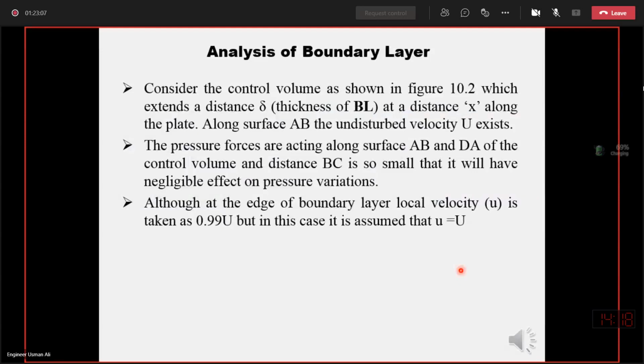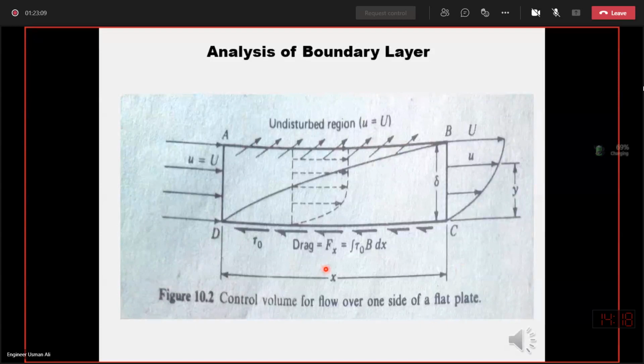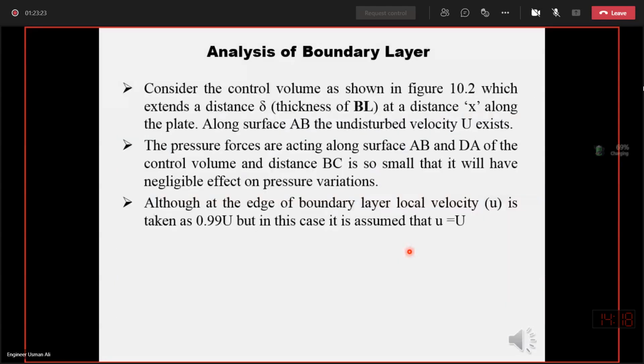So the extents of this control volume are del on the y-axis and x on the x-axis. The pressure force is acting along the surface AB and DA of the control volume, and distance BC is so small that it will have negligible effect on the pressure variation.